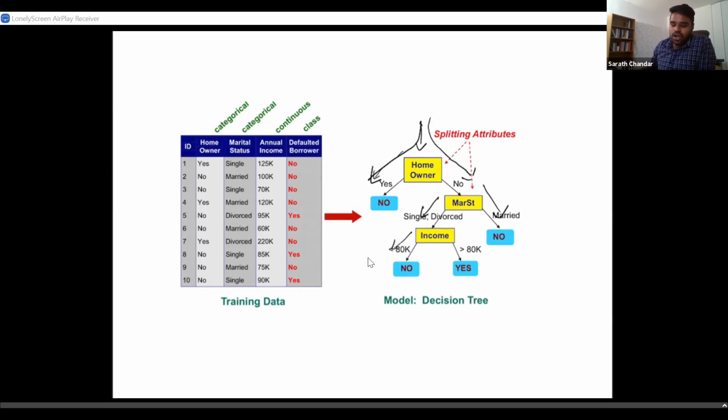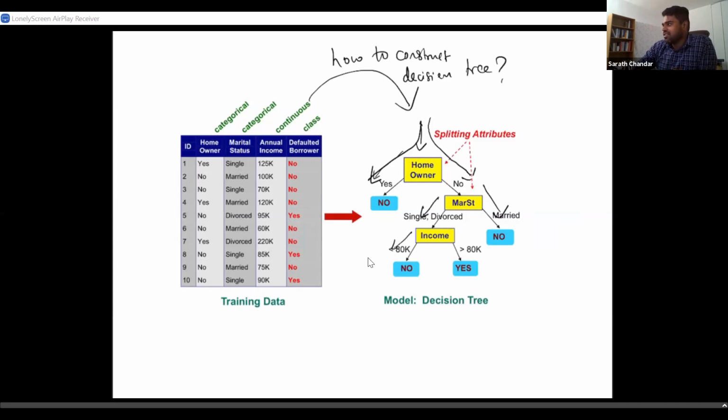Now, the first question: how do I jump from here to here? How do I construct the decision tree? Any idea?